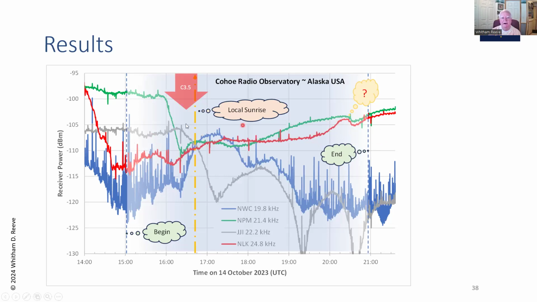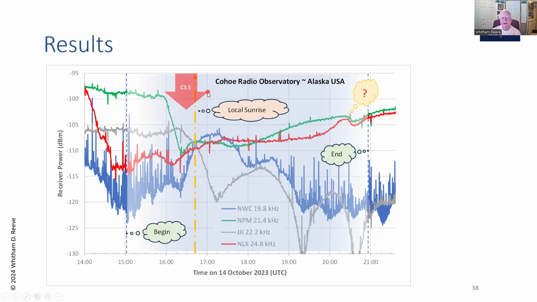This shaded area that you see here, this gradient-type blue area, that is where the eclipse occurred. So the beginning is the left blue dotted line over here. The end of the eclipse is the right blue dotted line over here. Local sunrise is the orange dot-dash line here, just to the left of middle. That was around 1640 something in the morning, or in the UTC afternoon, which was morning in Alaska.